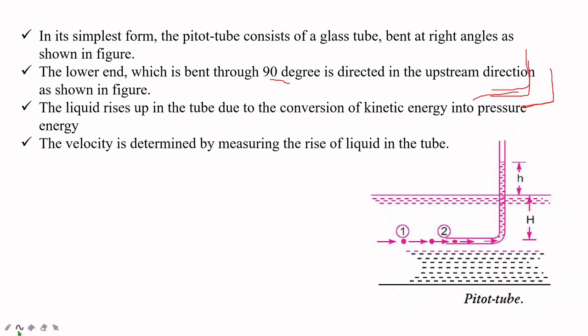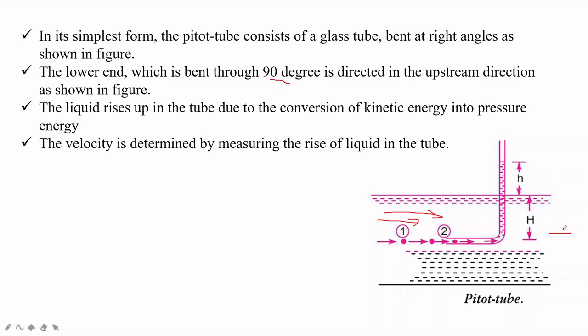Now once again we will discuss that. Once again I'll read out so that you will get confirmed. The simplest form of the pitot tube consists of a glass tube bent at right angles as shown in the figure. The lower end, which is bent through 90 degrees, is directed in the upstream direction. Upstream direction means where the flow is starting.